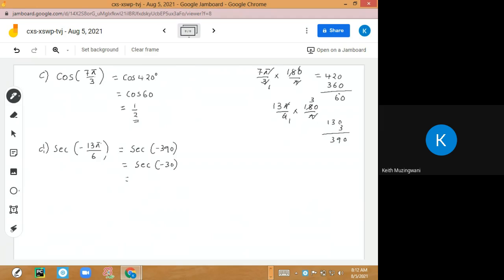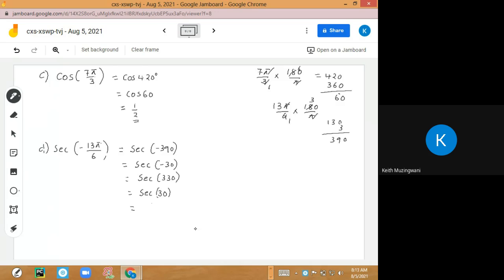So we'll add 360 again. So we'll get sec 330. Then look for the reference angle of 330. We had found it to be 30. But where is 330? In the fourth quadrant where sec and cos are positive, so no need of negative.